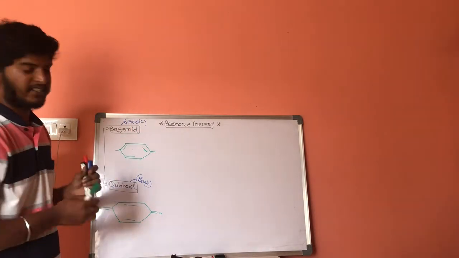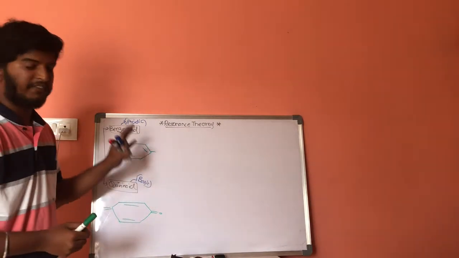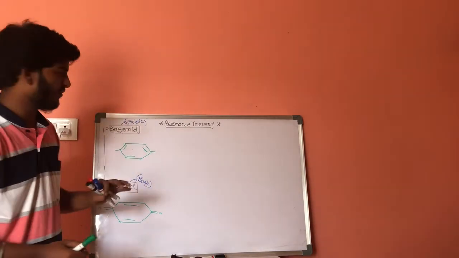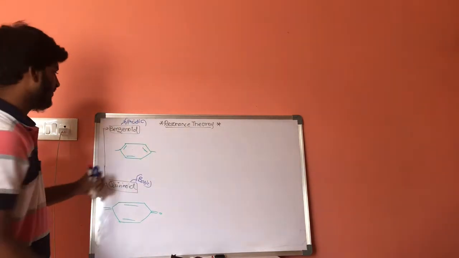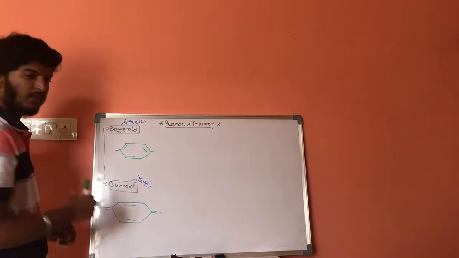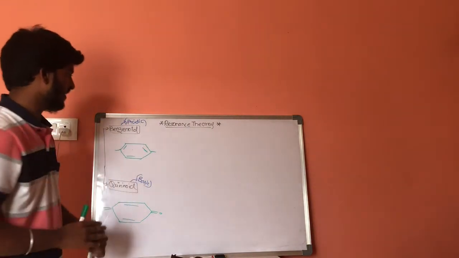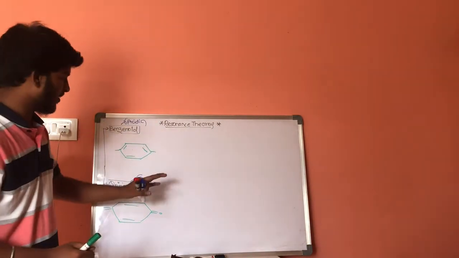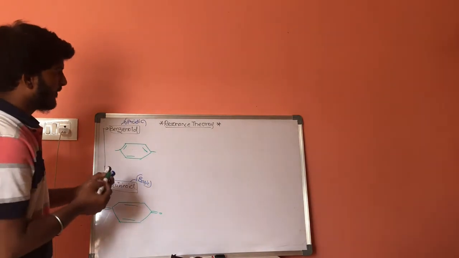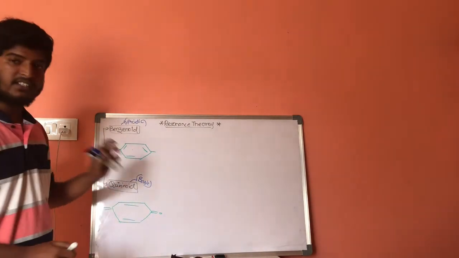Resonance theory explains that the change in color is because of interconversion of the benzenoid form into the quinoid form, or the quinoid form into the benzenoid form, that is from acidic medium to basic medium or basic medium to acidic medium.